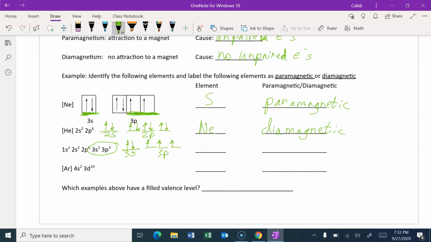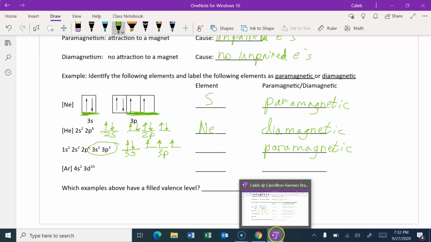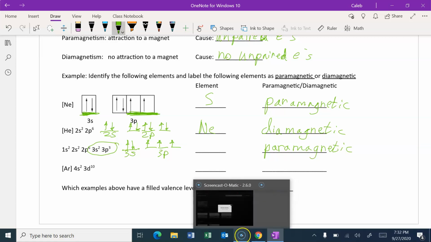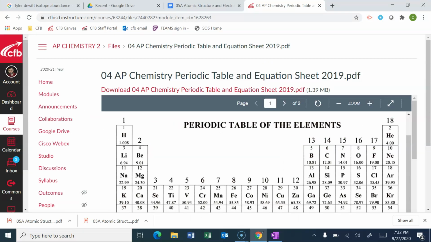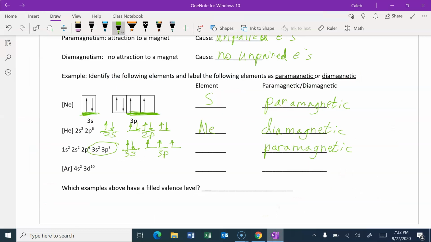By the way, if you're not following Hund's rule, you'll answer this question incorrectly. 3p3, I've got 3 electrons that are unpaired, so that makes it paramagnetic. Now let's look at what it is. 3p3, third energy level, p block 1, 2, 3, that's phosphorus.